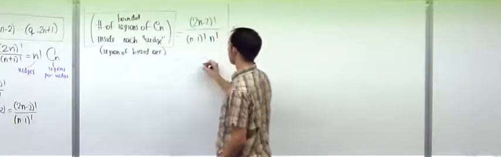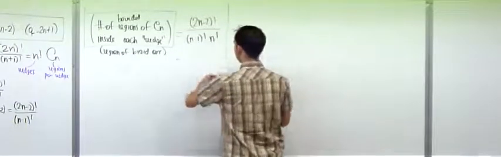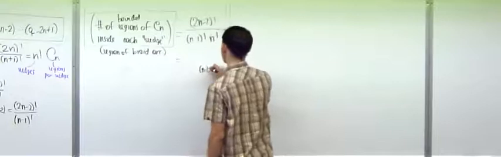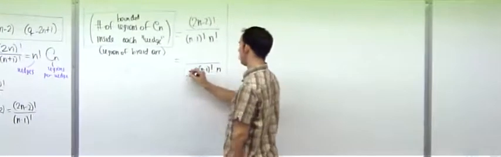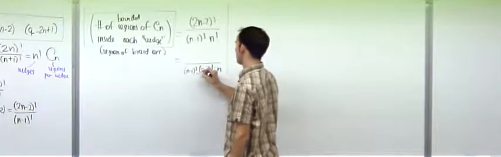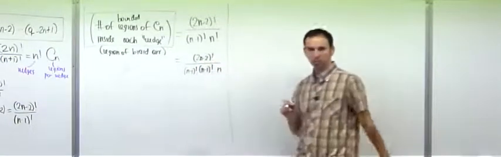And again, let me take this n and write it as n times (n minus 1) factorial. (n minus 1) factorial times (n minus 1) factorial, and (2n minus 2) factorial.